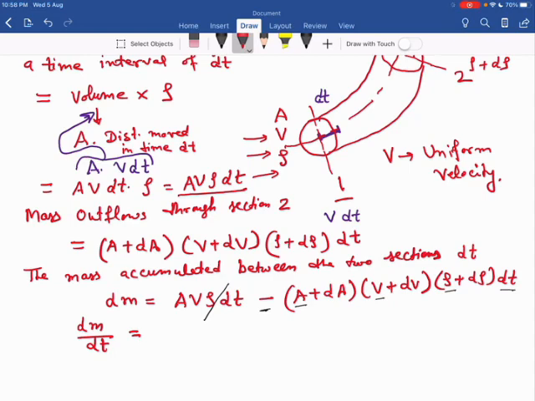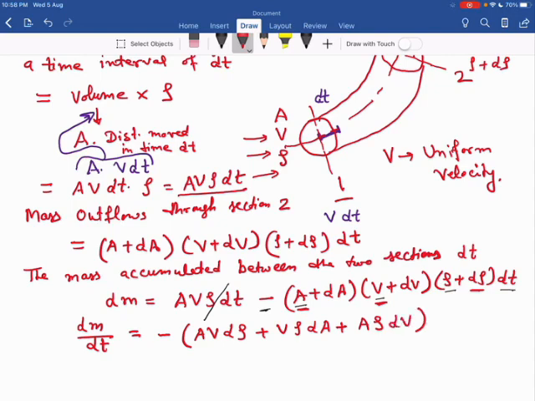The remaining terms we have are minus the product of A V d rho, V rho dA, and A rho dV.